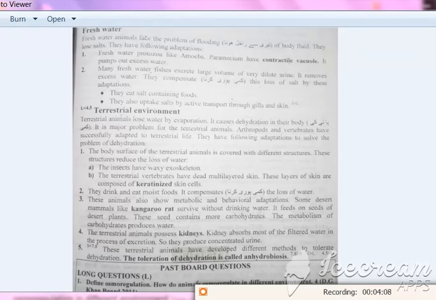But this reabsorbed water they use for their metabolic process and to regain the loss of water by evaporation. So this ability for toleration of dehydration by terrestrial animals is called anhydrobiosis. So they can tolerate dehydration by adopting all these 4 mechanisms.